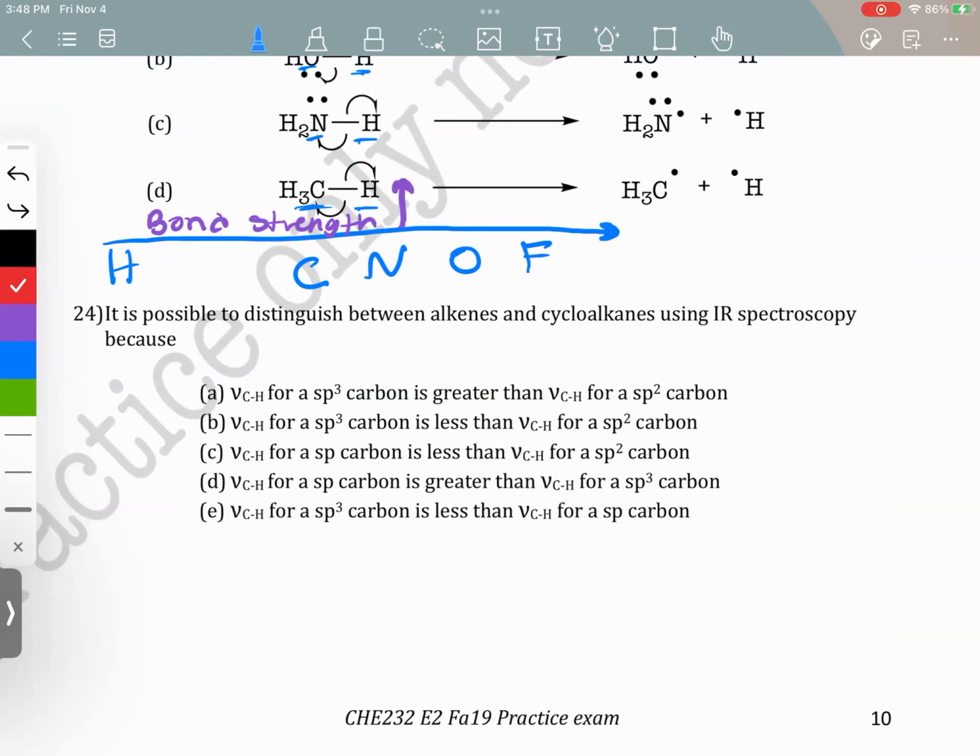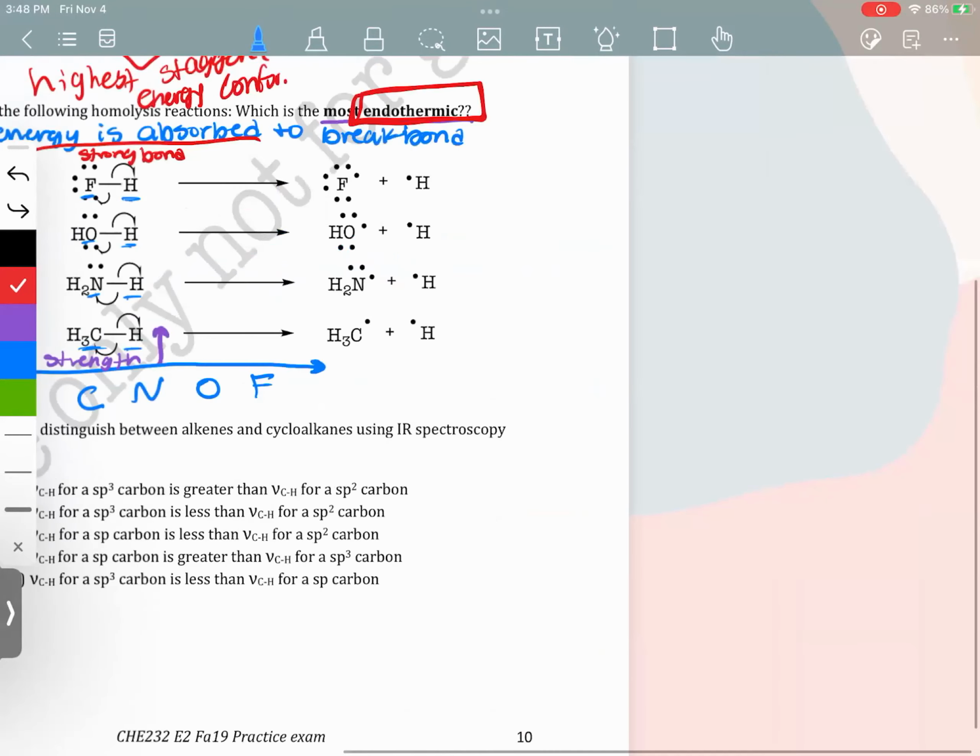What I will do is talk to Ben about this question since I've never seen it before, and when he explains it to me, I'll reach out to you guys and explain it. But for now, I don't know what I'm looking at.